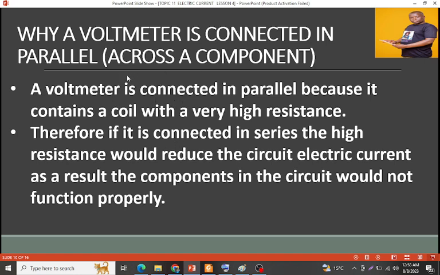Explain why a voltmeter is connected across or in parallel with the component and not in series. Because of its high resistance. Remember, resistance is the opposition to flow. When a resistance is connected in series with the component, current is reduced. Alright, so that's why a voltmeter is connected in parallel with a component.